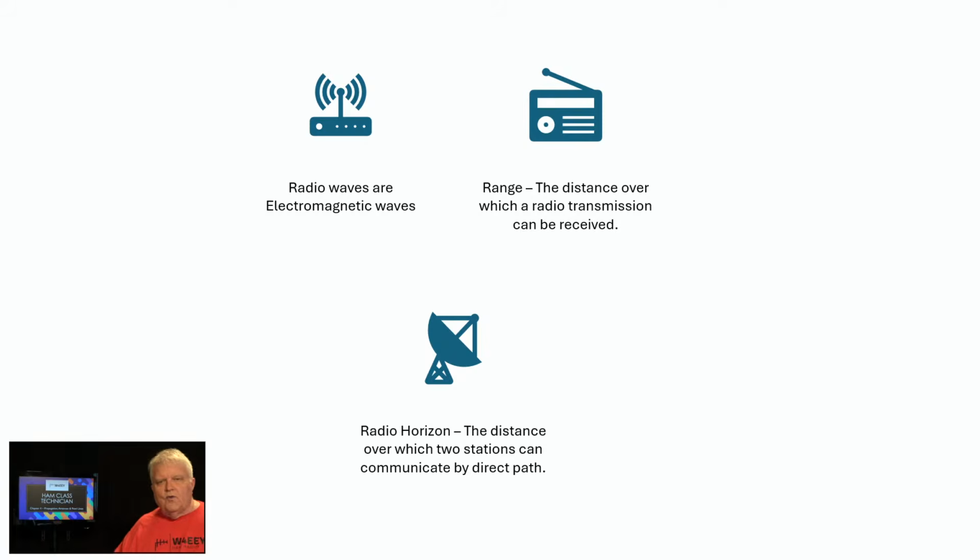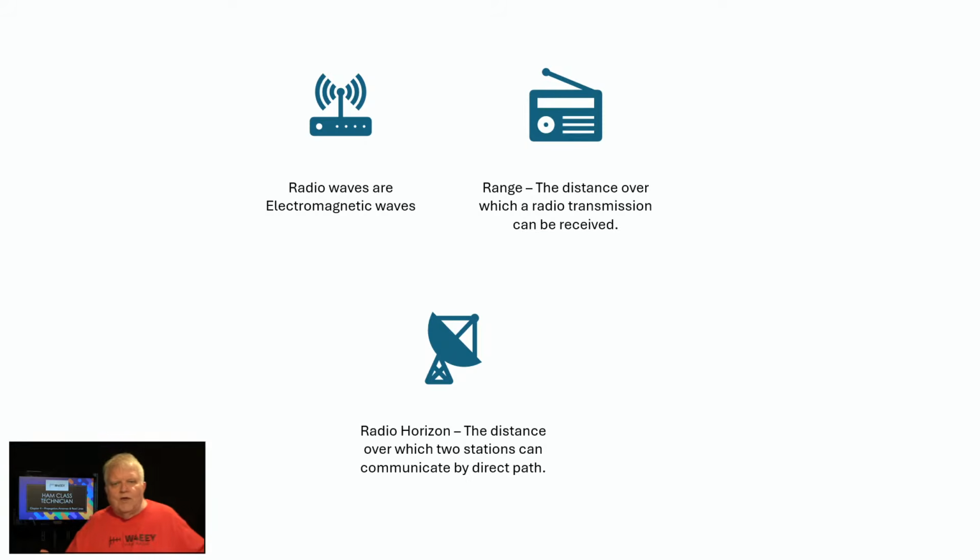So radio waves, just kind of a review, are electromagnetic waves. And the range that these electromagnetic waves can dissipate and be received, that's called the range. It's the distance over which a radio transmission can be received.